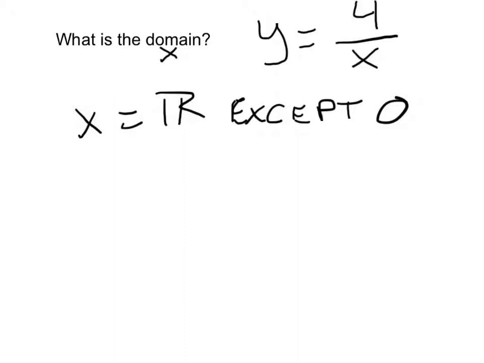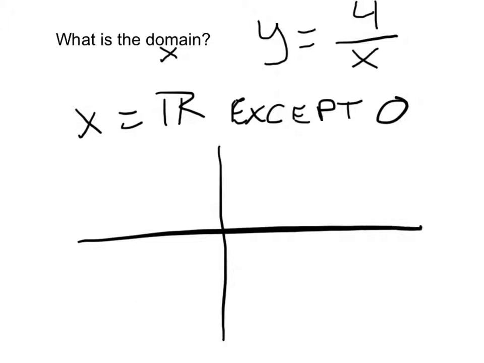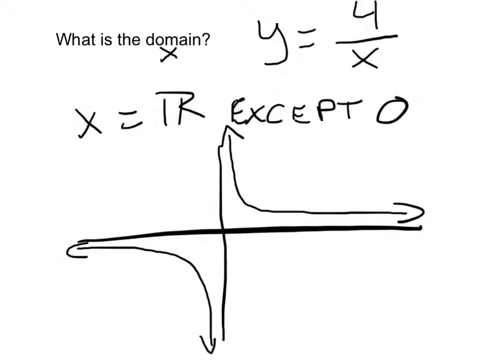And if we were to graph this one, the graph would look something like this. Here's our xy axis. And it would come across, it would look something like this. Okay, x would be every number as we go along all through these.